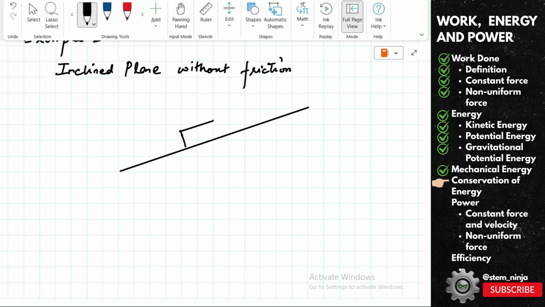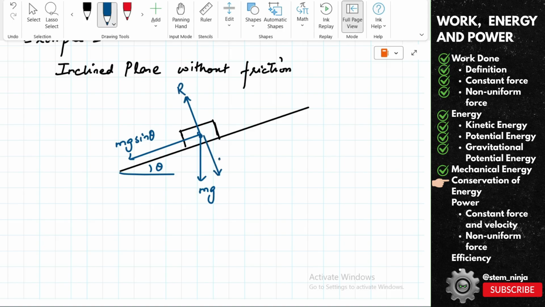Okay, so let's say you have this case over here. There is this object, and the weight is acting this way. This is the angle theta. The component of the weight that acts parallel to the inclined plane is mg sine theta, and this is the normal reaction force, and this is the component of the weight perpendicular to that.